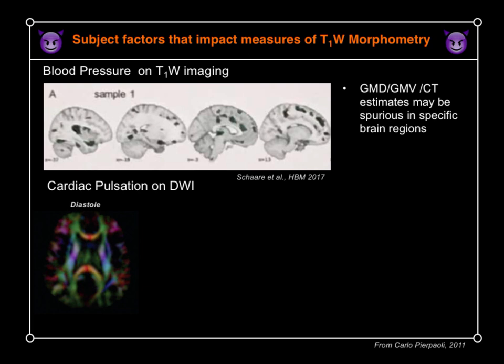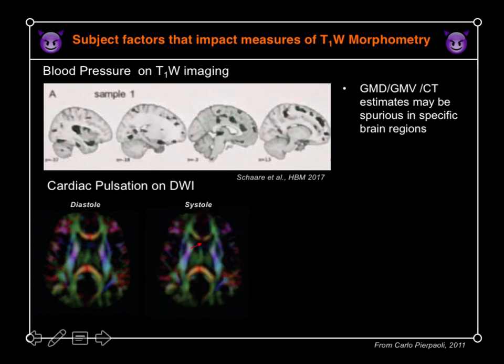With diffusion weighted images also, you have issues related to the cardiac cycle. Here is the directionally encoded color map generated from a single subject's images that were acquired during the diastole phase of the cardiac cycle. And here's the same subject, but now these images are acquired from the systolic phase of the cardiac cycle.